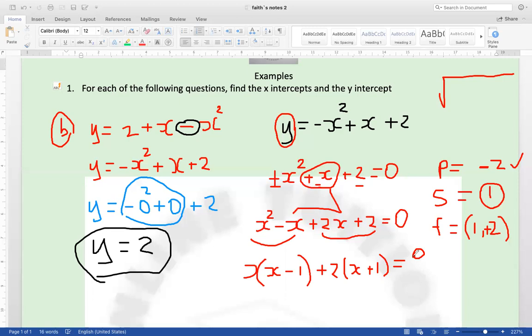Something is wrong. Whatever we have here and whatever we have here, they're different. They must be the same. There must be something we've gotten wrong.